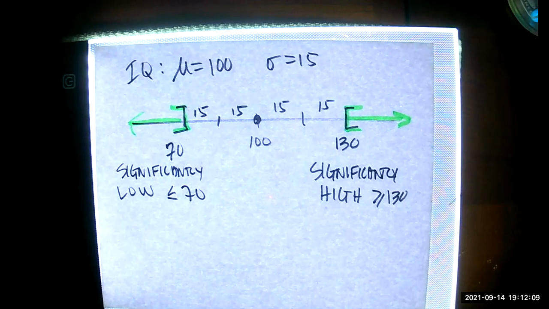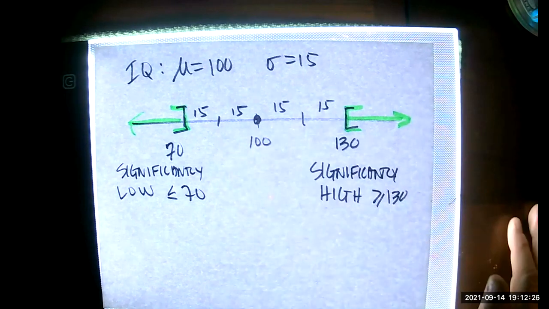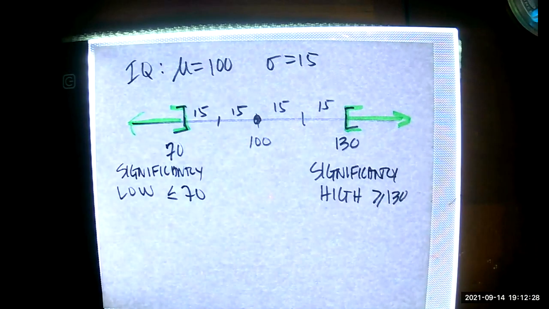So we have this notion of the range rule of thumb, and it really plays a big role in our analysis as we get further on into inferential statistics. For now, it's just a way to identify scores that are either significantly high or significantly low.